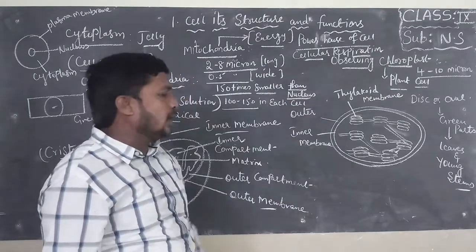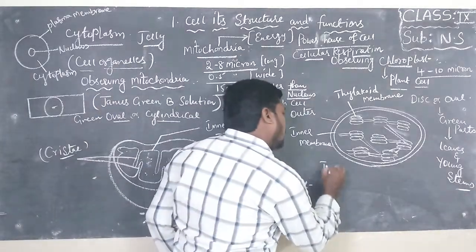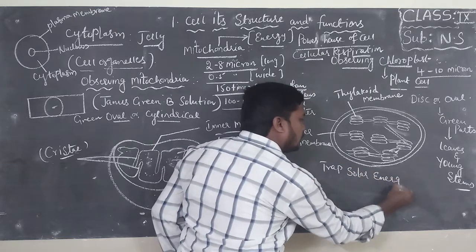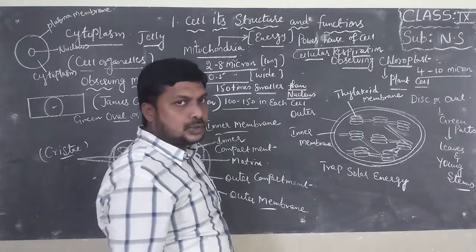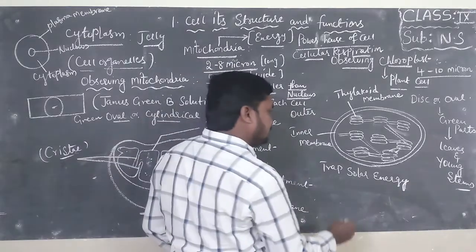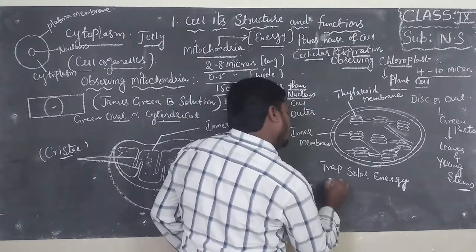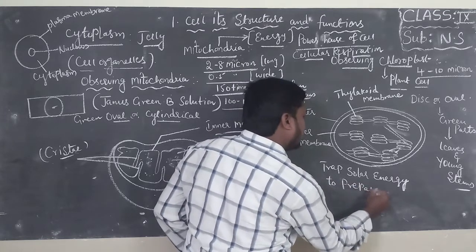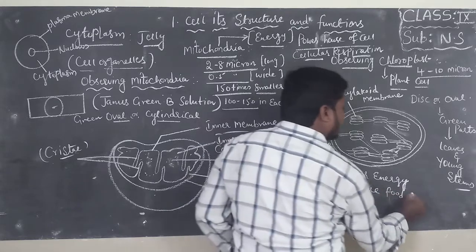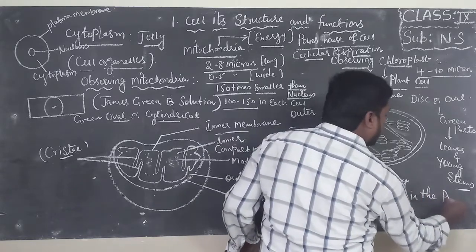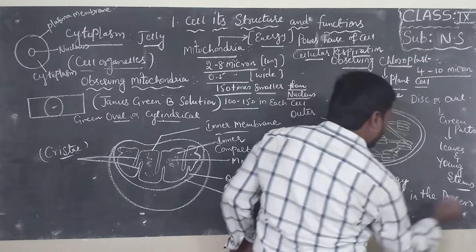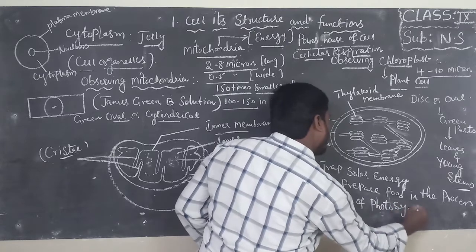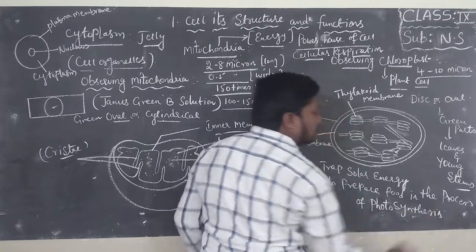What is the importance of chloroplast? Very important. Chloroplast traps solar energy, which helps to prepare food in the process of photosynthesis.